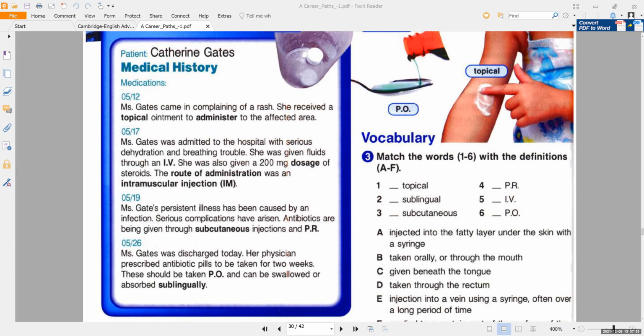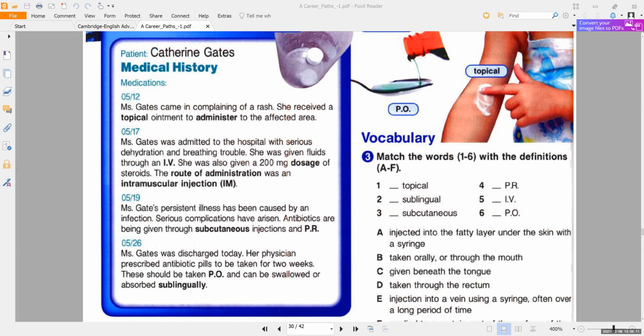The route of administration was an intramuscular injection, IM. 0519. Ms. Gates's persistent illness has been caused by an infection. Serious complications have arisen. Antibiotics are being given through subcutaneous injections and PR. 0526. Ms. Gates was discharged today. Her physician prescribed antibiotic pills to be taken for 2 weeks. These should be taken PO and can be swallowed or absorbed sublingually.